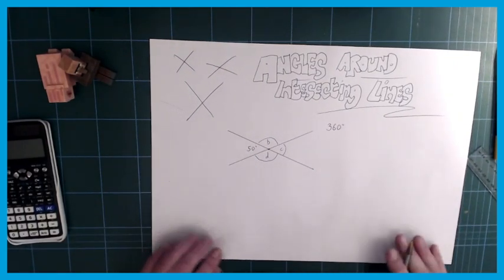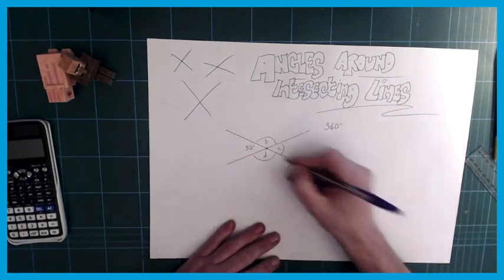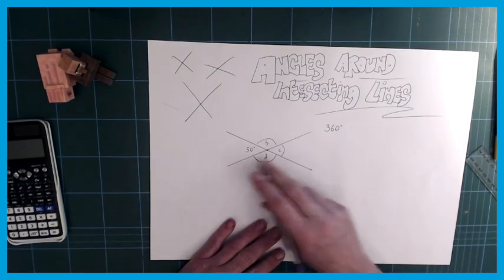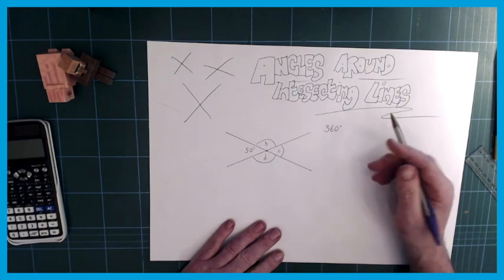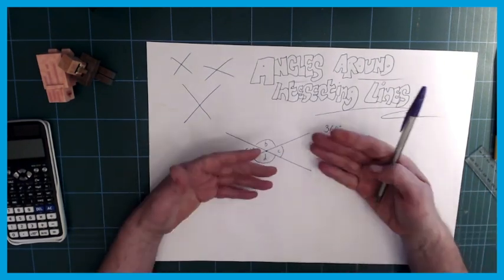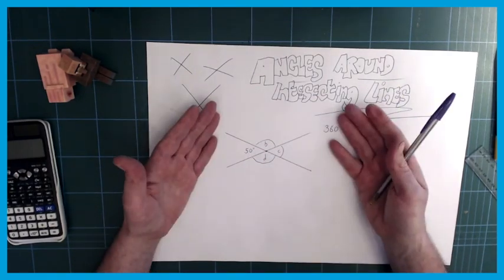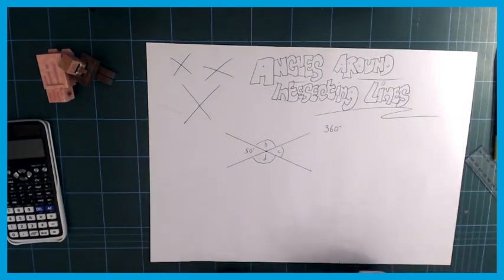I've only been given one angle. How can I work that out? If you know these are intersecting, you can work this through logically. And the beauty about doing this is it's all just one step at a time. It's a bit like when we do algebra. We just do one bit, stop, do the next bit, stop, the next bit, stop, and then check your answer.